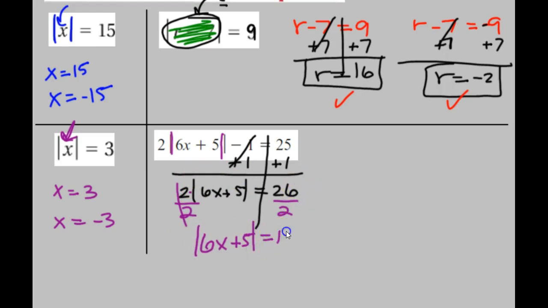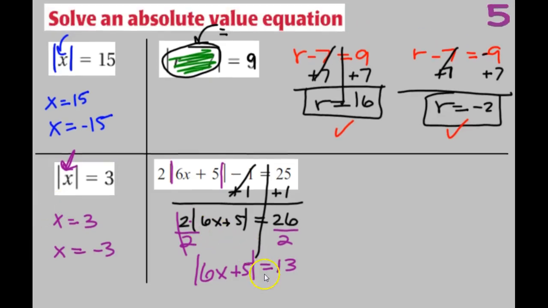And 26 divided by 2 is 13. So now that we have our absolute value by itself, we can write two equations. This whole piece could be equal to positive 13 or negative 13. So we have 6x plus 5 equal to a negative 13, or 6x plus 5 equal to a positive 13.